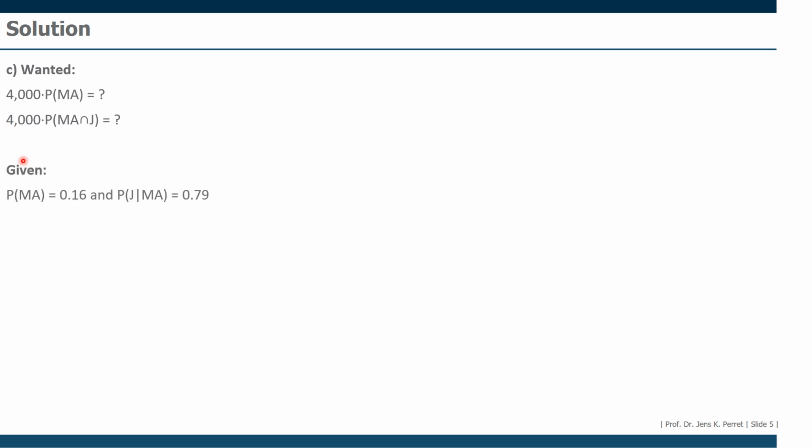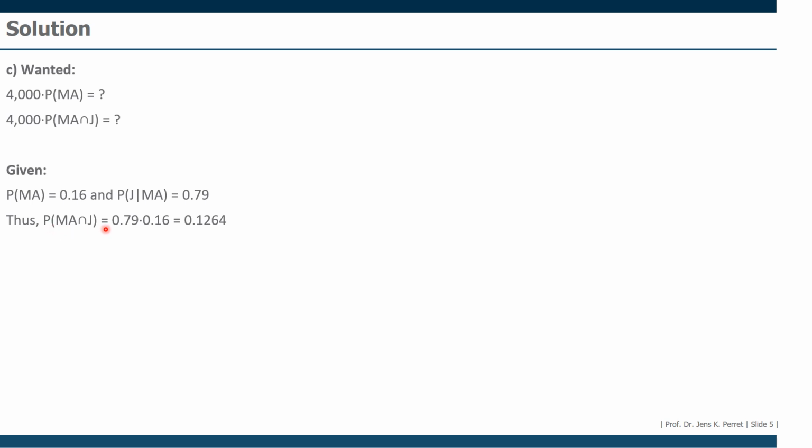So, what do we have? We know the probability of studying management, that's 16%. We also know from the exercise that if someone studies management, they have a chance of 79% of finding a job after this period. So we can use these two to calculate the second of the probabilities we're looking for.